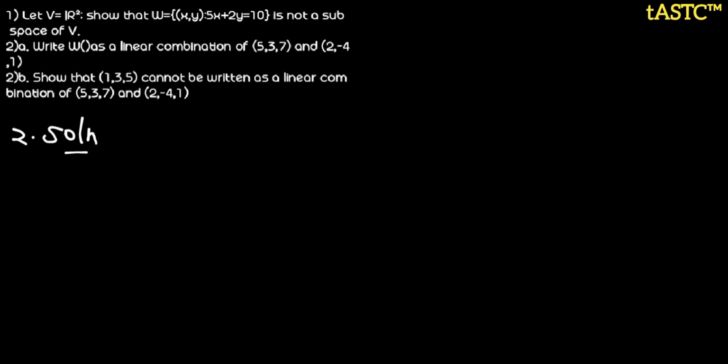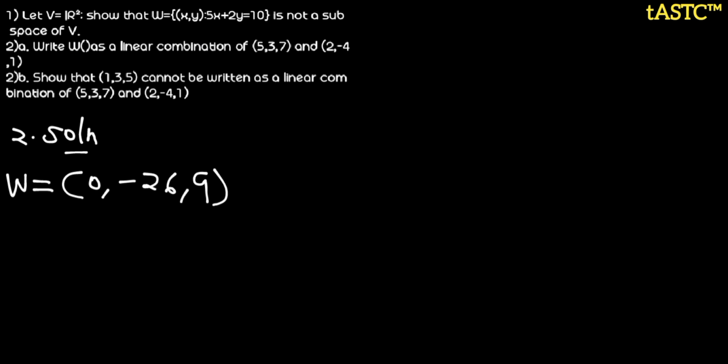And the second question says, write this as a linear combination of this and this. So I actually made a mistake here. I'm supposed to write out what that vector is. So W there should be this: 0, negative 26, and 9. Okay?